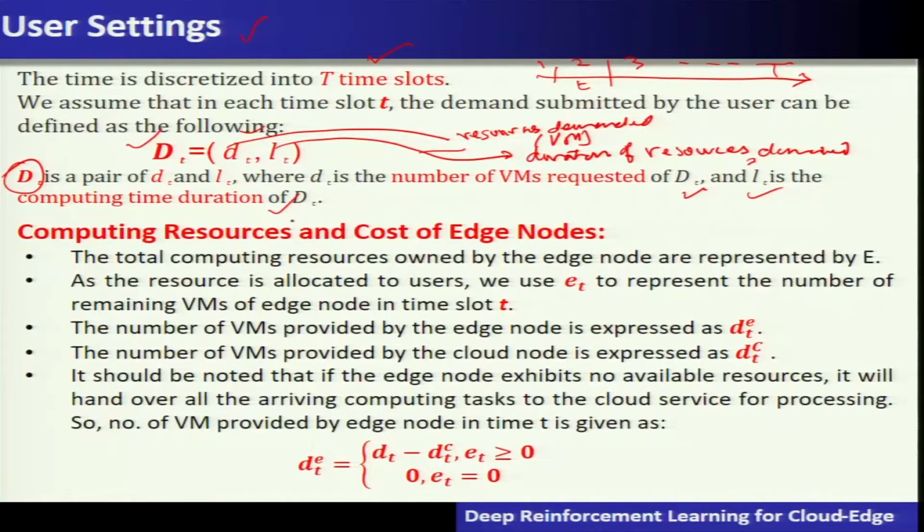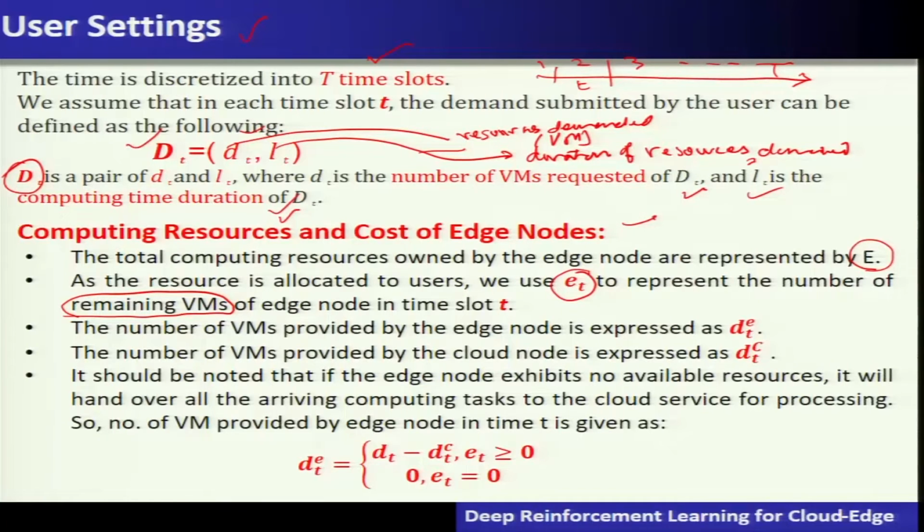Once the demand is properly defined, we will formulate the computing resources and the cost of these edge nodes. Let us see that the total resources owned by the edge node are represented by capital E. Now, as the resources are allocated to the user, we use a small e_t to represent the number of virtual machines remaining at the edge node at time t.